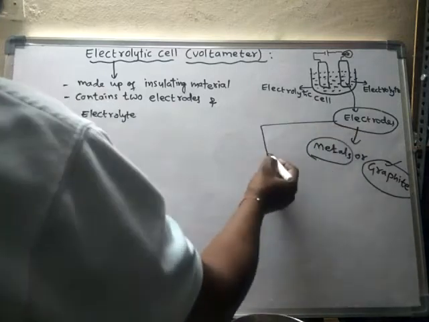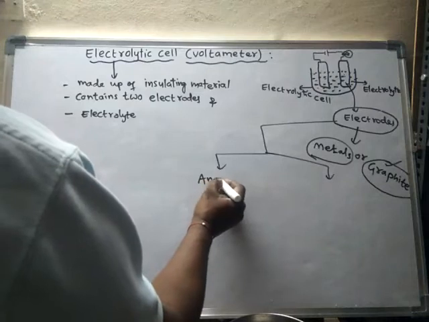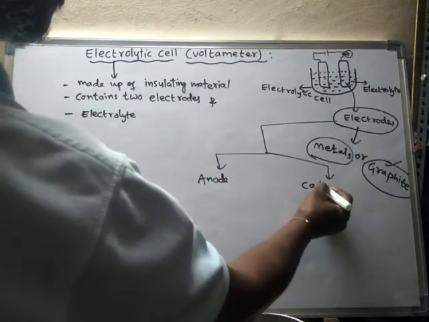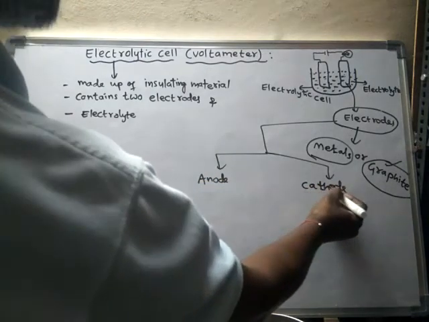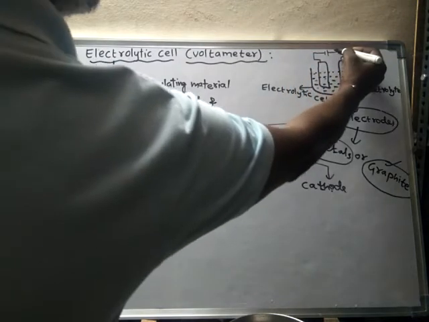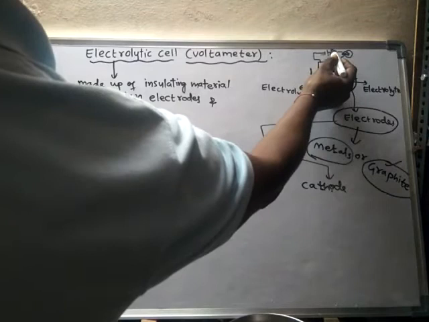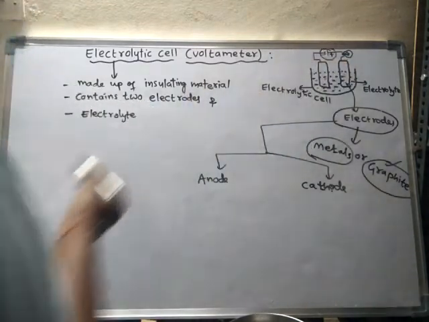These electrodes are of two types. One is anode and another one is cathode. What is anode and what is cathode? The electrode which is connected to the positive terminal. This is the positive terminal and this is the negative terminal of the battery. Actually, this is the battery.